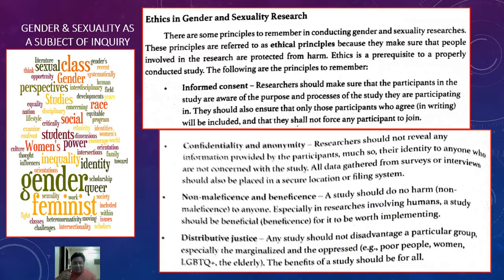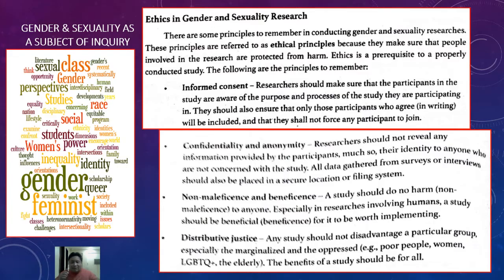The next one is non-maleficence and beneficence. It means that a study should do no harm to anyone, especially in research involving humans. A study should be beneficial for it to be worth implementing. And lastly, concerning distributive justice, no?